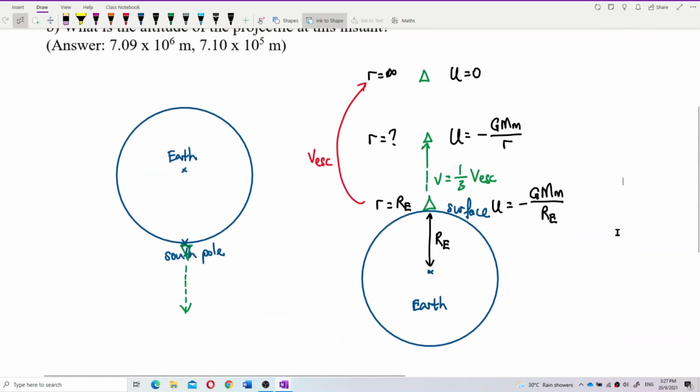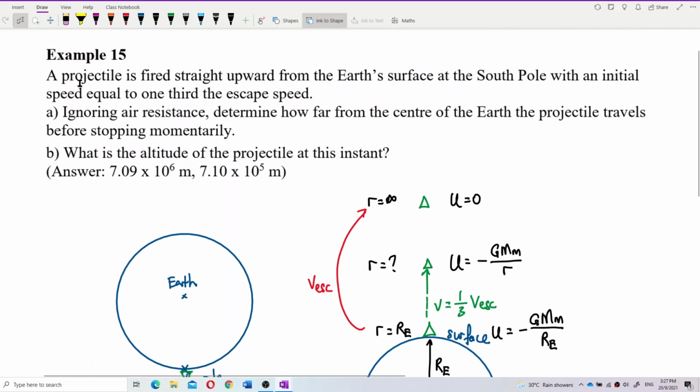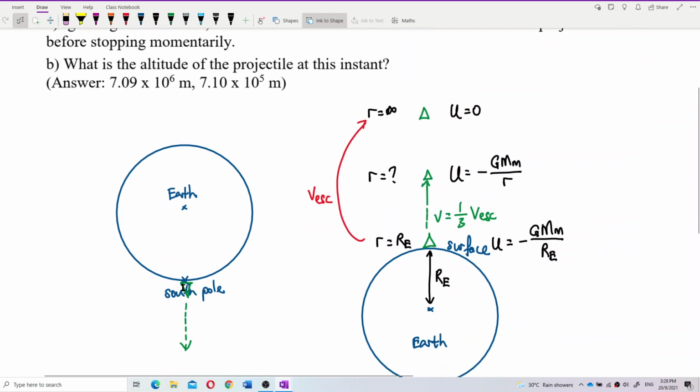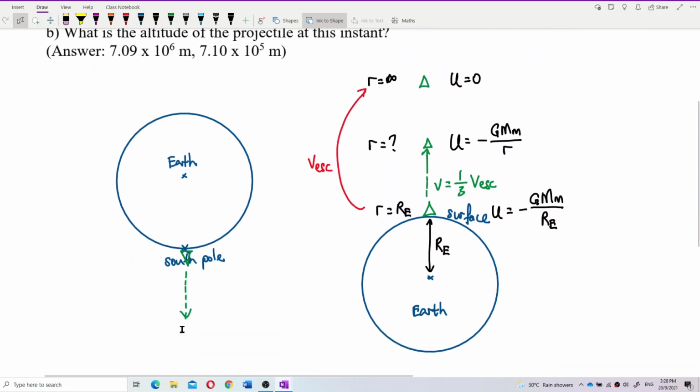The projectile is fired from the Earth's surface at the south pole, and then goes to the top. However, to make things easier, I just invert it so the south pole is at the top here, easy for me to explain to you.